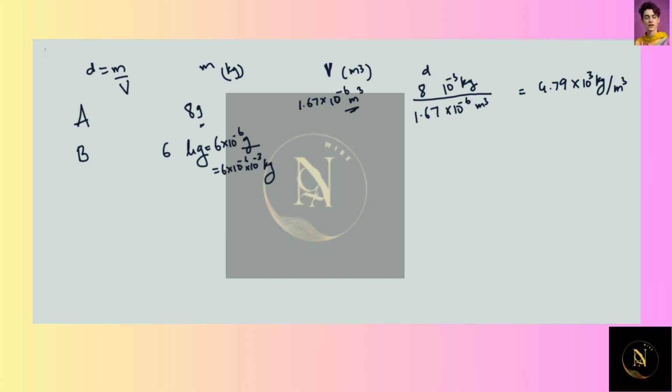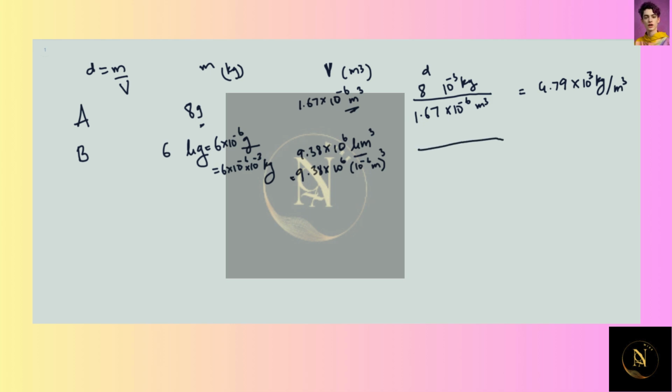And the volume is 9.38 into 10 power 6 micrometer cubed. We know that 1 micrometer is 10 power minus 6 meters, and hence this can be written as 9.38 into 10 power 6 into 10 power minus 6 meter whole cubed.